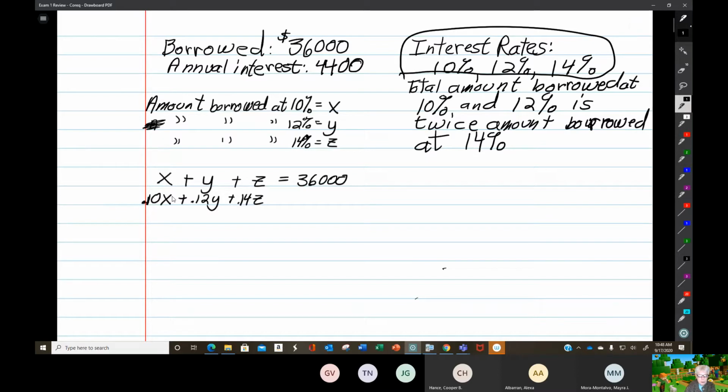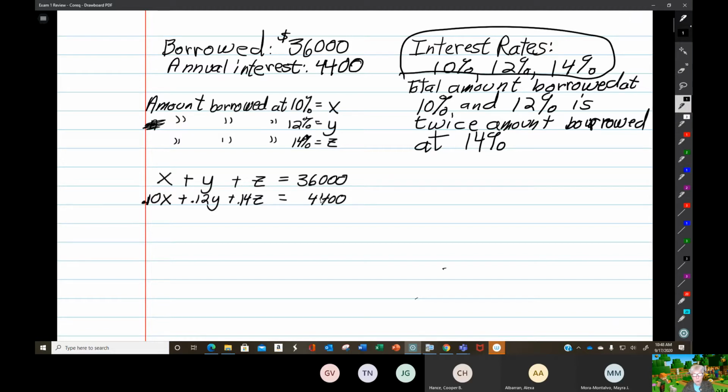So these three dollar amounts are the total interest paid for the year. There, so we know this.